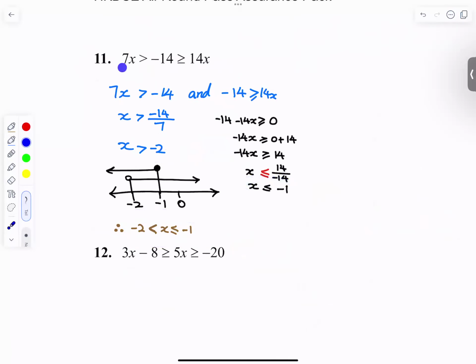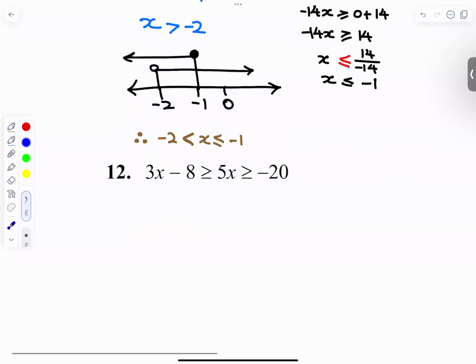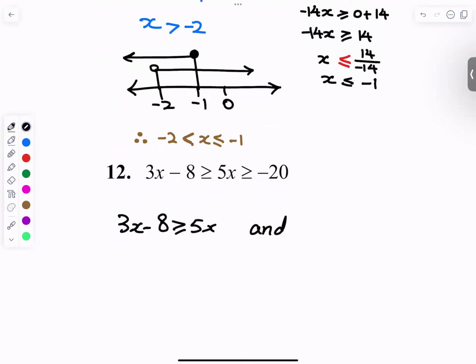So 2 different parts. Do the same for the next one. You have your first part as 3x, and then the word "and", and the 5x for the other side. Do the calculation.